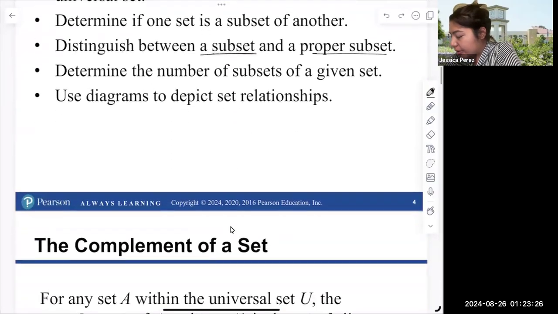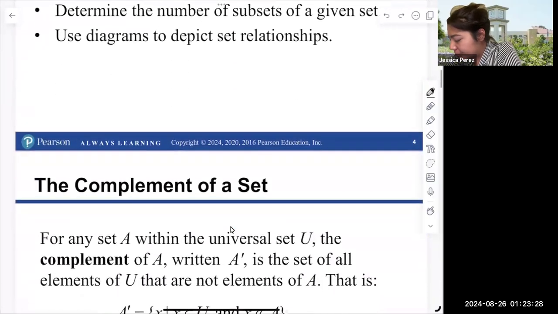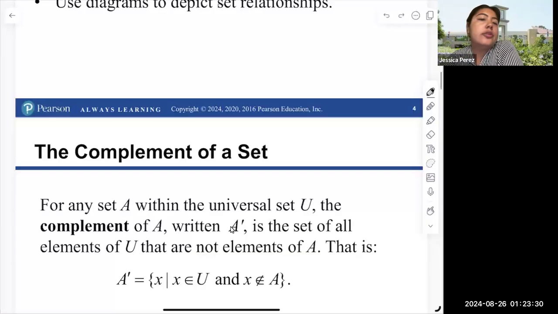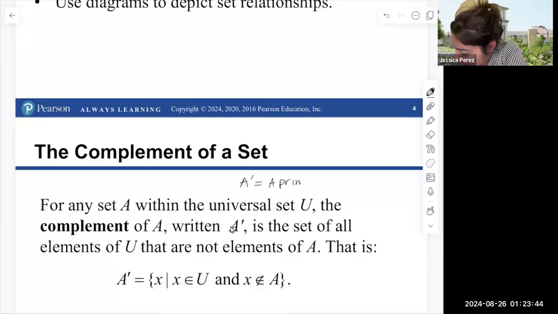So we'll talk about complements of a set. The definition of a complement is: for any set A within a universal set U, the complement of A is written as A prime.